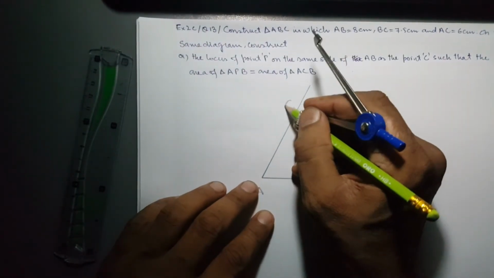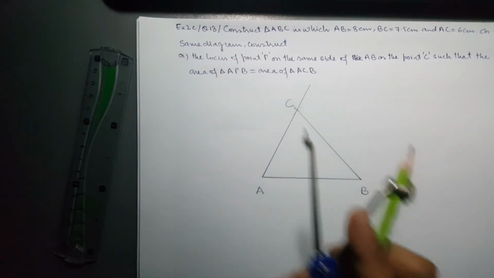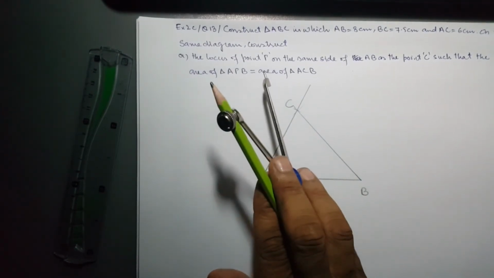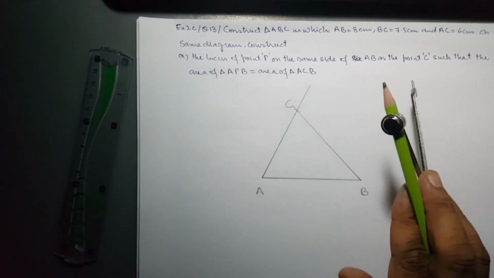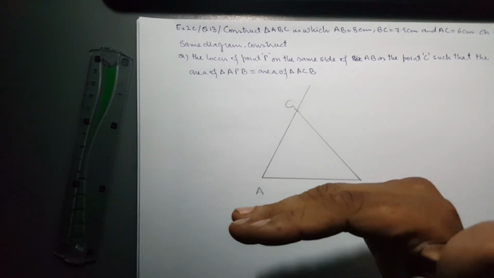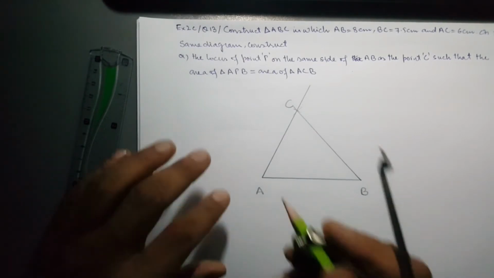This point is C. Now, the locus of the point P on the same side of AB as the point C, that we want to draw a locus on the upper side of AB such that area of APB is equal to area of ACB.